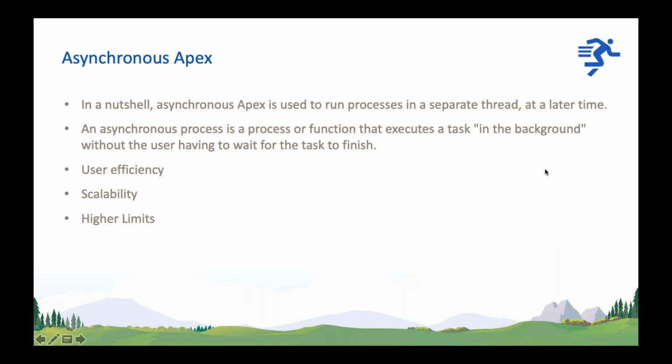In a nutshell, asynchronous Apex is used to run a process in a separate thread at a later time. When a user tries to do something, for example, when a user wants to save an account record, the order of execution runs when the user clicks on save, right?